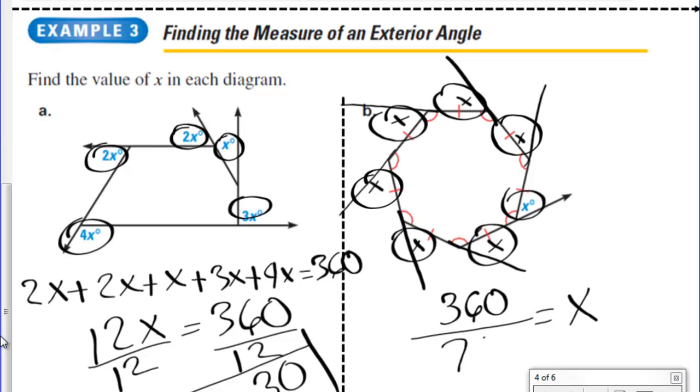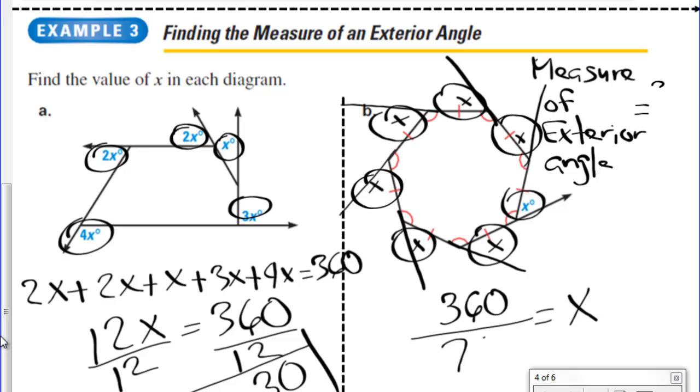So if I wrote it differently, I could say it like this: measure of exterior angle equals 360 divided by n, where n is the number of sides, and this is only if the polygon is regular, meaning the sides and the angles are congruent.